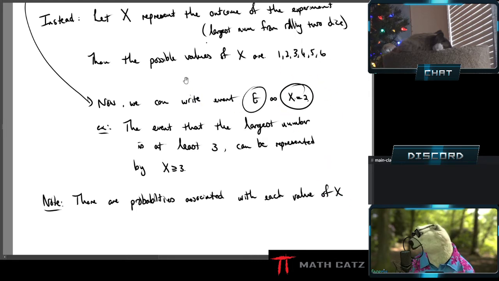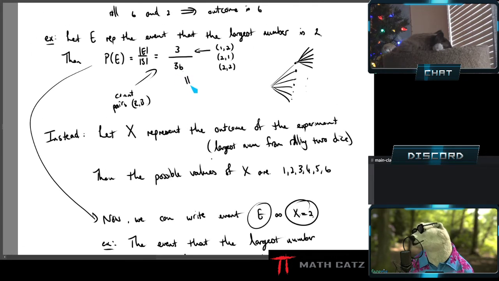We saw one of them. This one is going to be the probability that x equals 2. And for each value of x, I'm considering each outcome, and there's a probability associated with each of those.